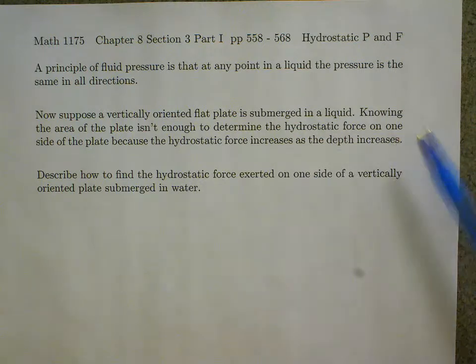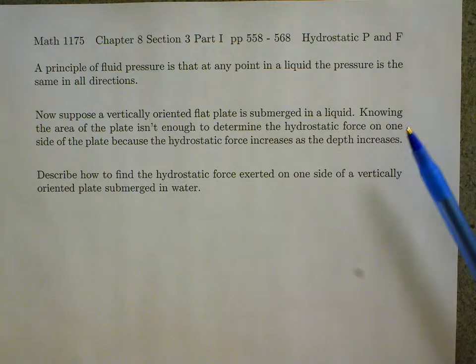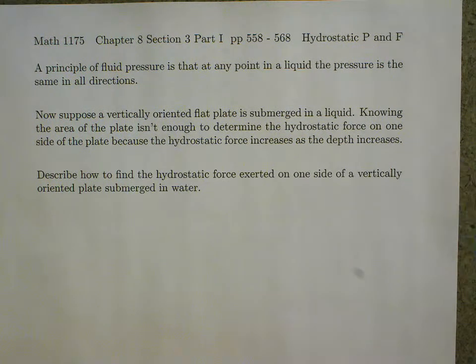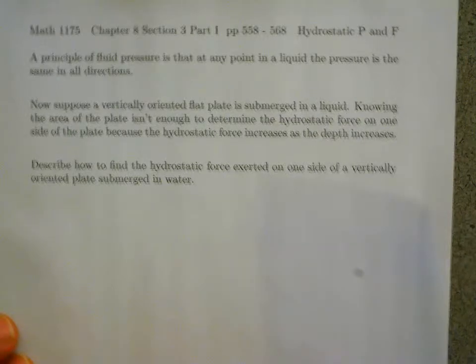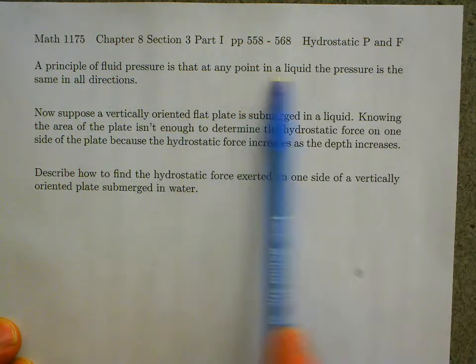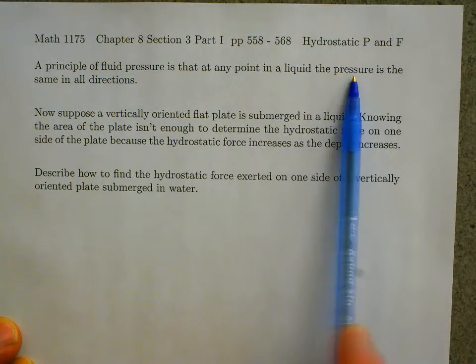It's pretty easy if the plate is horizontal to the surface, because the hydrostatic force is just the volume times the density above the plate. Okay, but this principle is going to help us. At any point in the liquid, the pressure is the same in all directions.